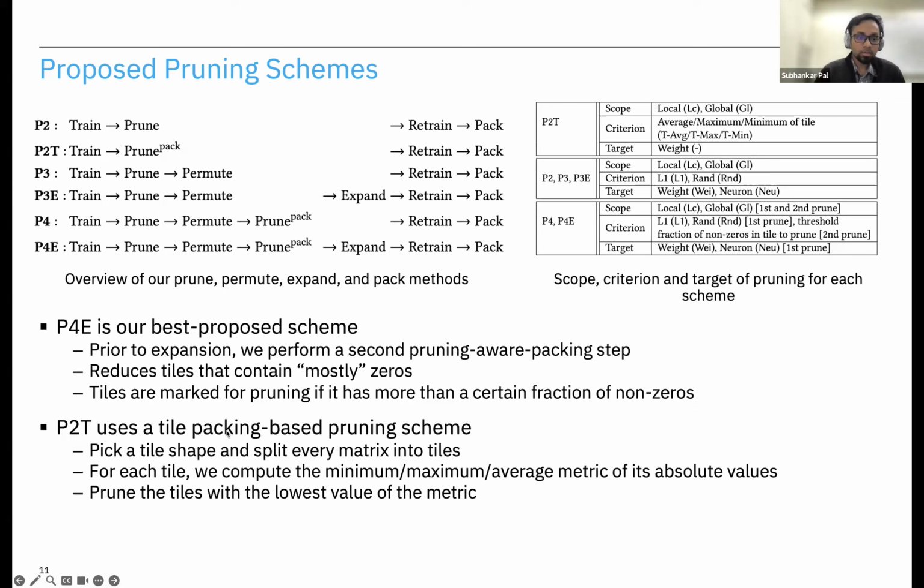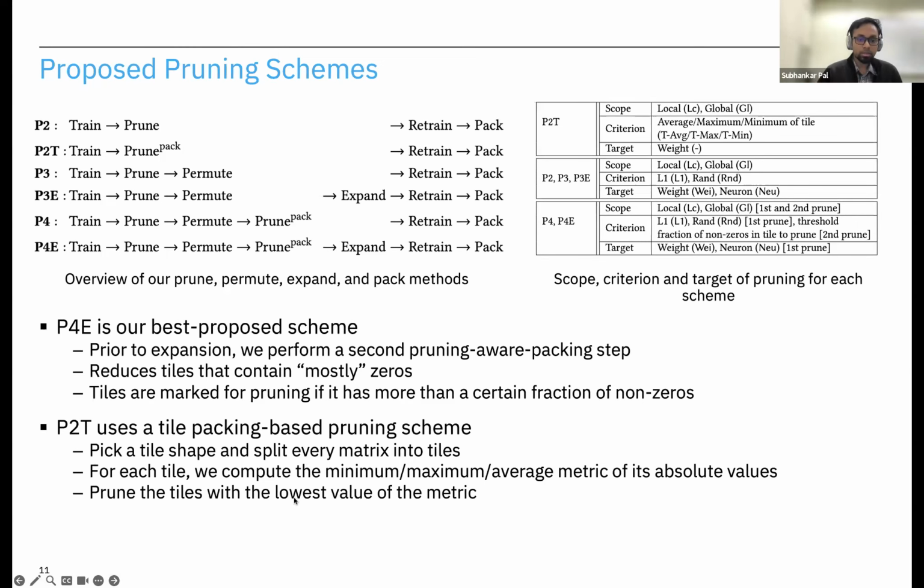And then now I'll talk about P2T. P2T is a tile-based pruning scheme. The idea here is we pick a tile shape and we split every tensor into tiles. And then for each tile, we compute the minimum, maximum, or average metric of its absolute weight values. And then we rank them according to this metric.